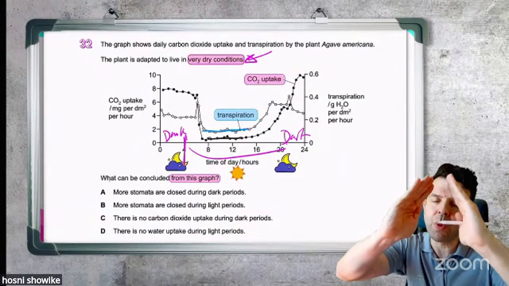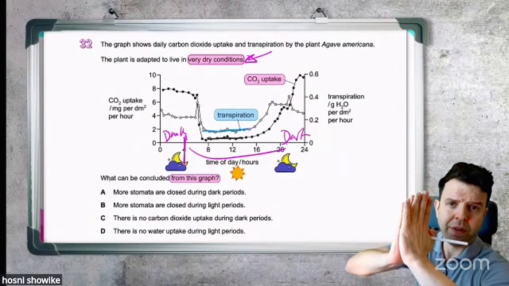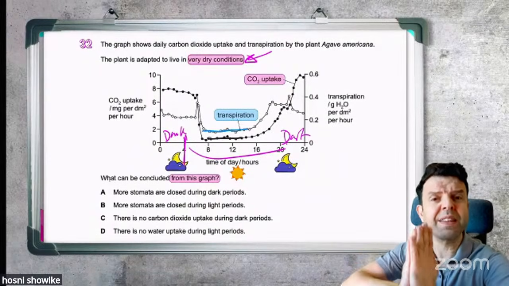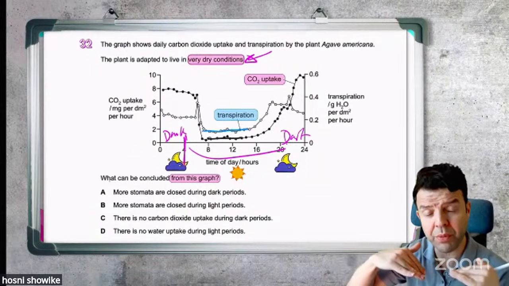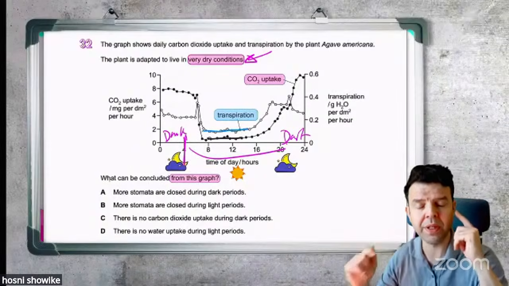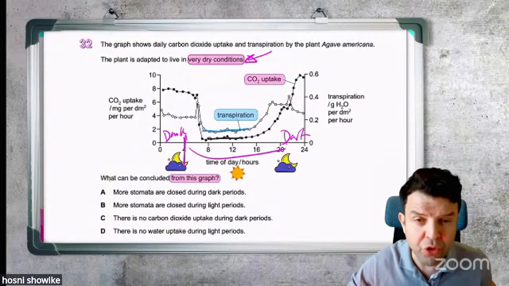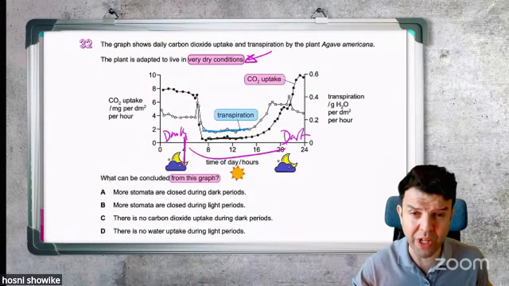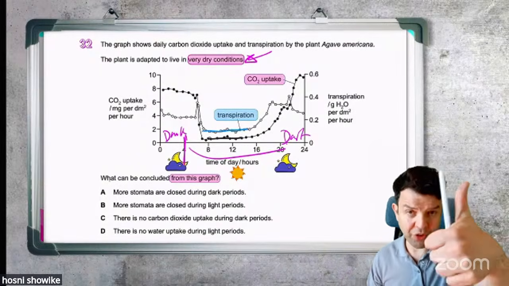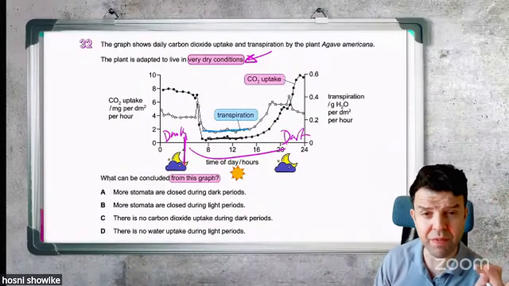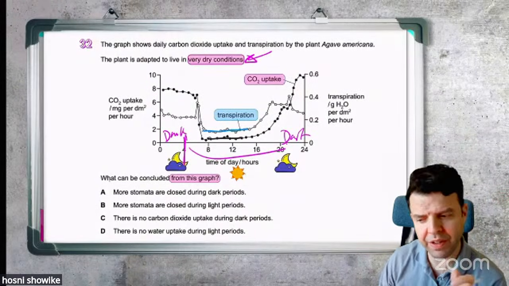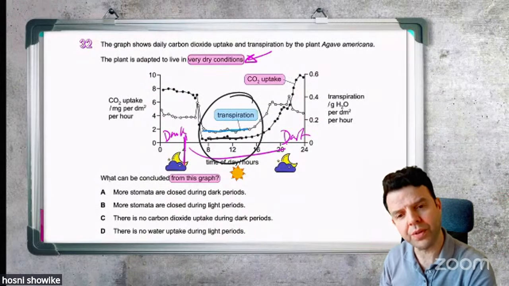When it does this, you know what happens? It closes the stomata. As it closes the stomata, the transpiration is going to stop. So again, the plant is smart. It's trying not to dry out. It closes the stomata midday when it's very, very hot. Photosynthesis stops, but that has a great benefit. What's the great benefit here? It's not going to lose water.